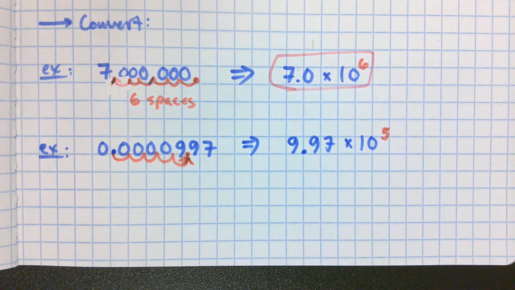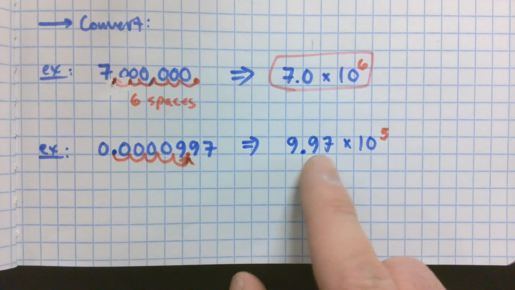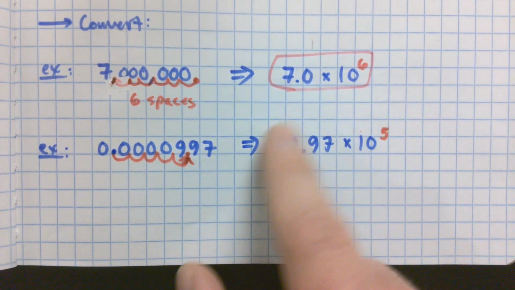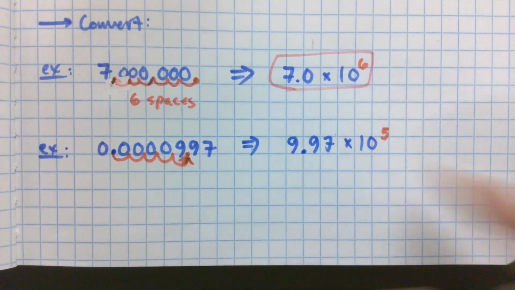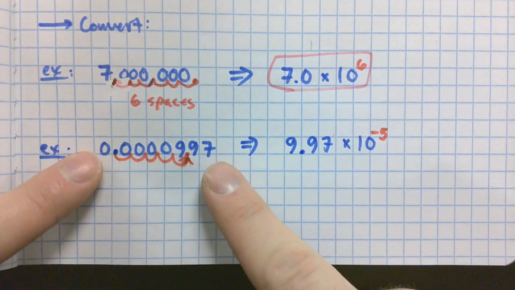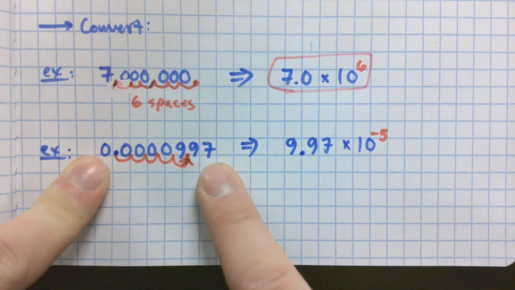Let me ask you this. Oh, negative. Should the 9.97 be negative? No, the 97. Which part of this should be negative? The exponent of 5. How do we know that we have a negative exponent here? Very, very small number. Right?